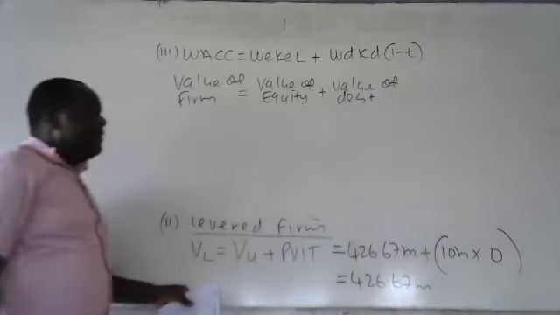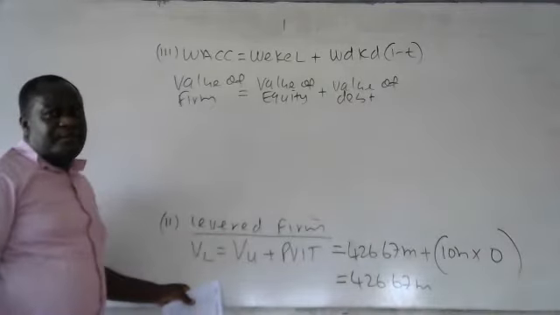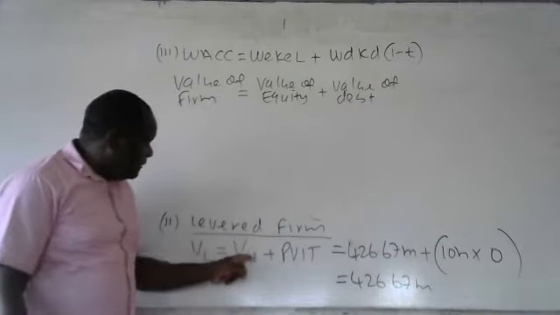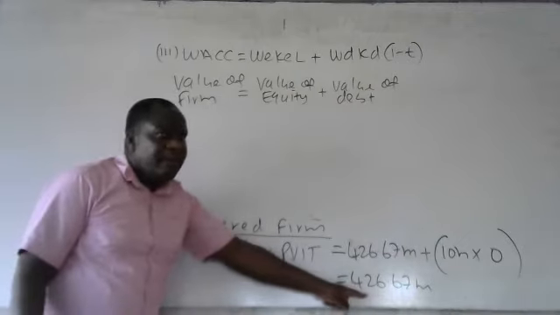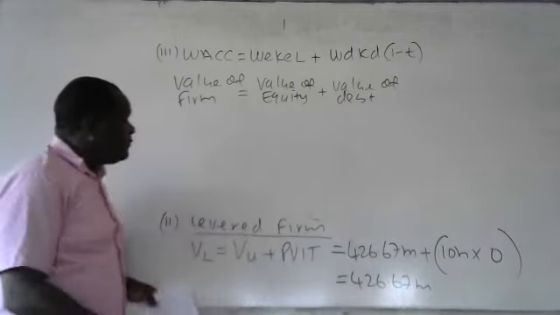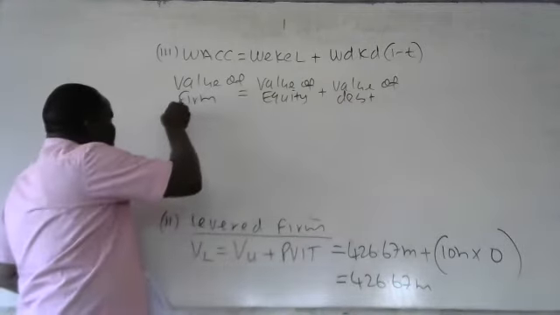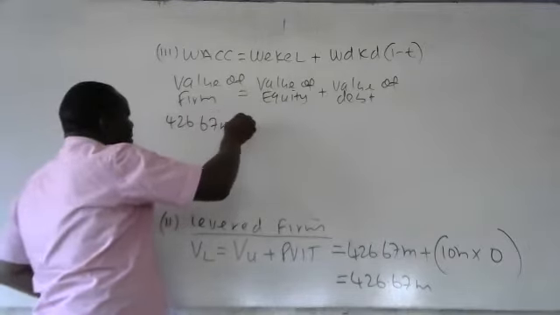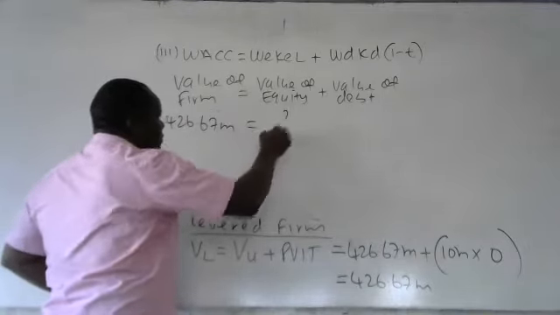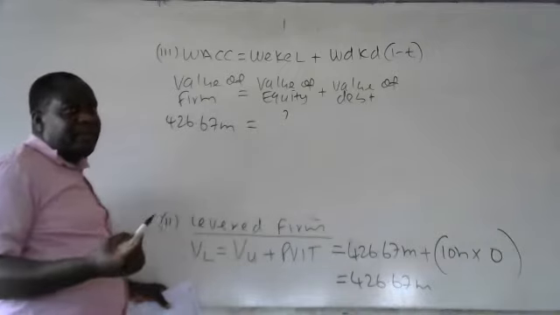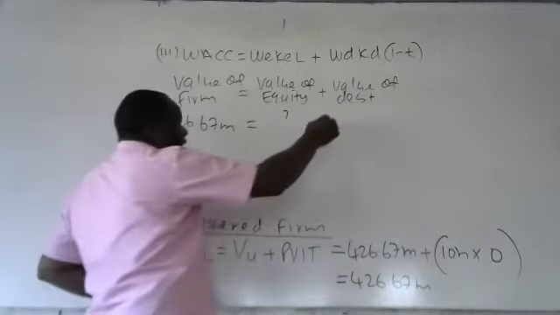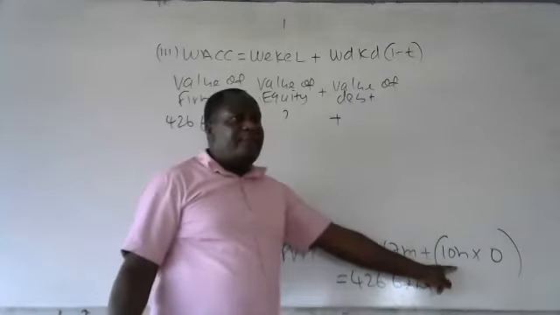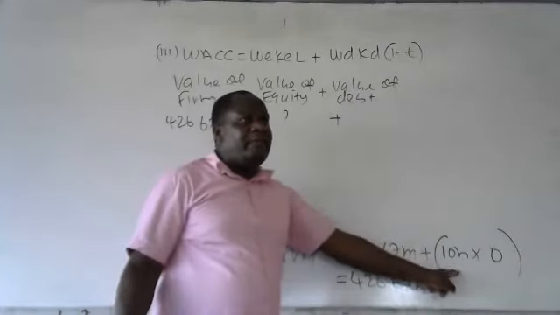The value of the farm, when it was levered, is 426.67 million. The value for equity must be the market value, but the value for the debt is the book value, which is 10 million.